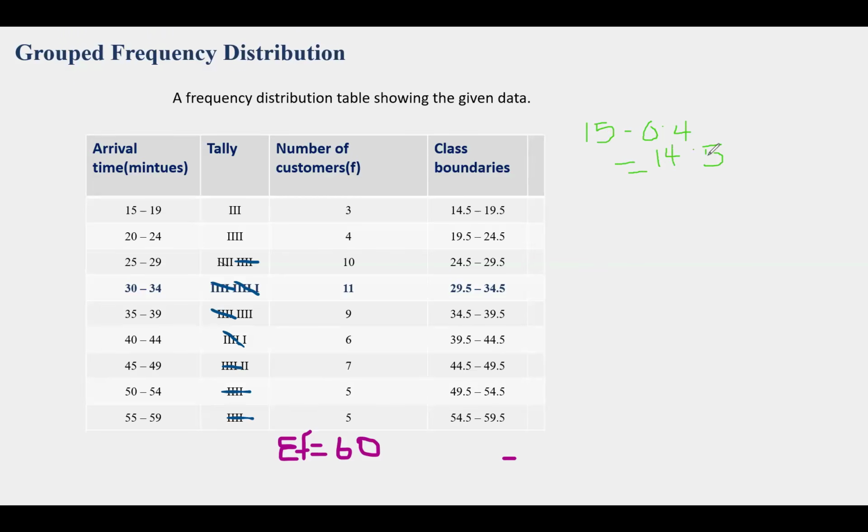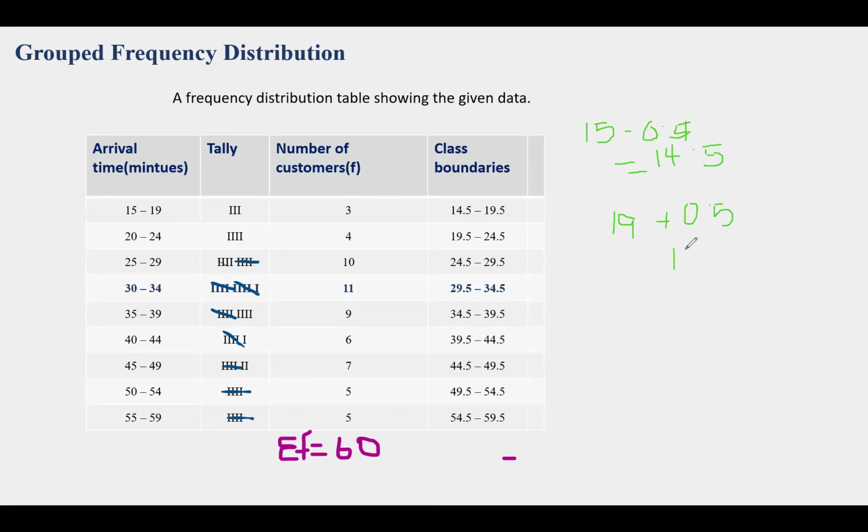Now here we have 19.5. How do we get our 19.5? We're going to get the 19 that's here, plus 0.5. Yes, that's 0.5.